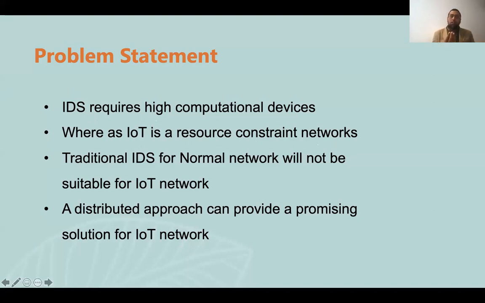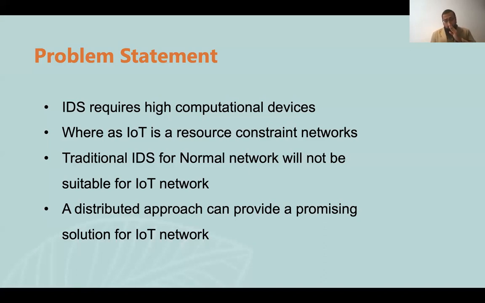An IoT device has less battery and less computational capability. So we cannot directly bring the intrusion detection system that we use in the traditional network and exploit it here. We have to introduce some lightweight intrusion detection system. So how can we do it?